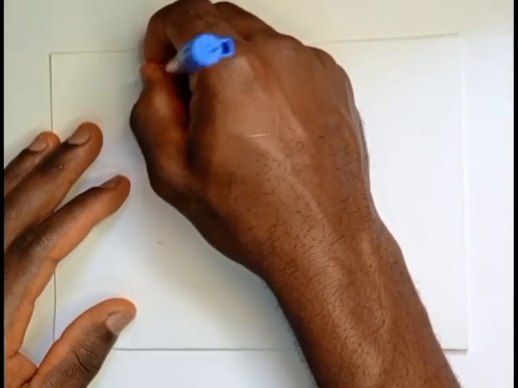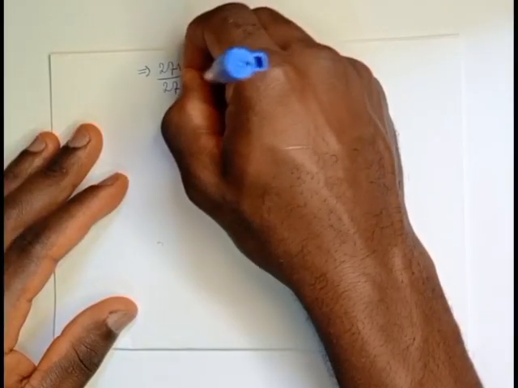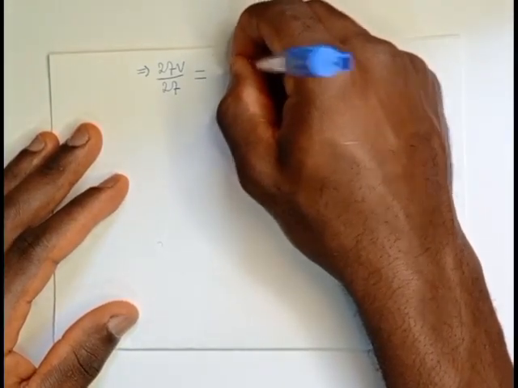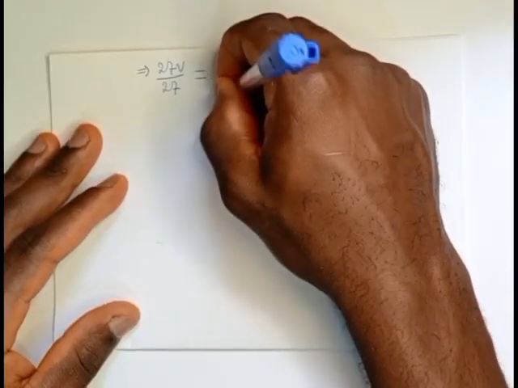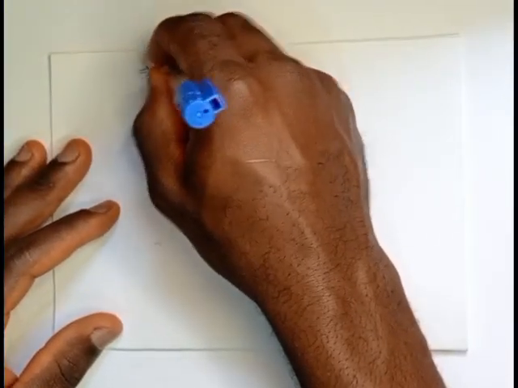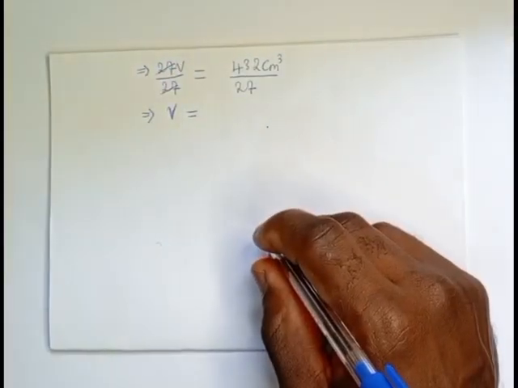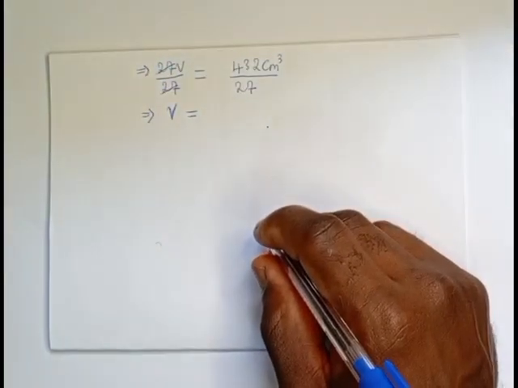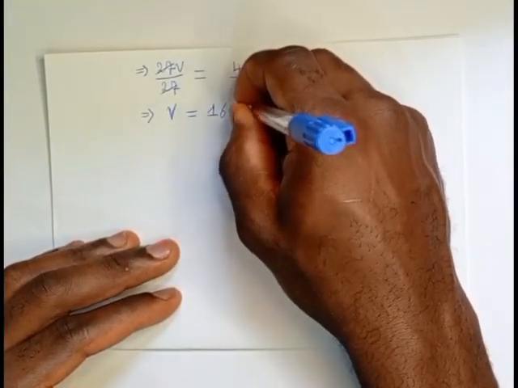Then 27V divided by 27 will be equal to 432 cm cube divided by 27. Then 27 cancels 27. We'll be left with V equal to 432 divided by 27, which gives us 16 cm cube.